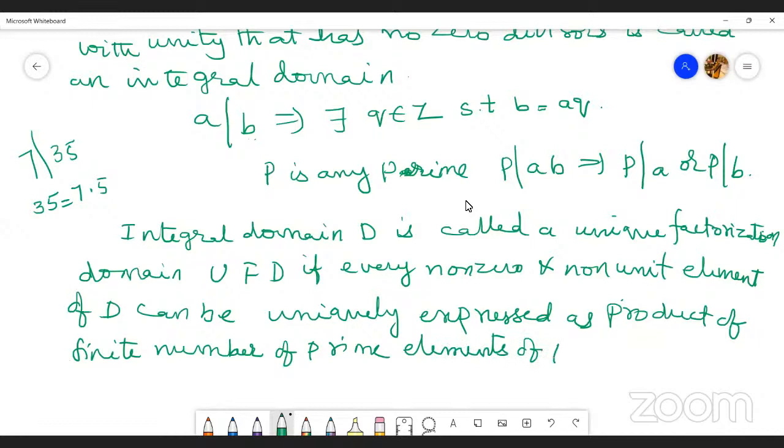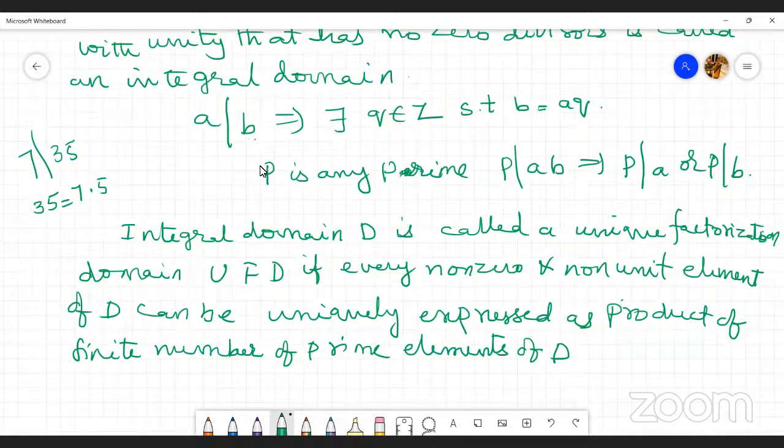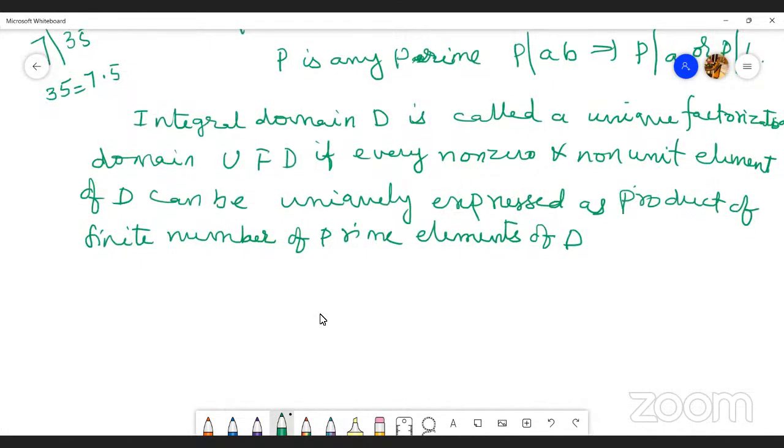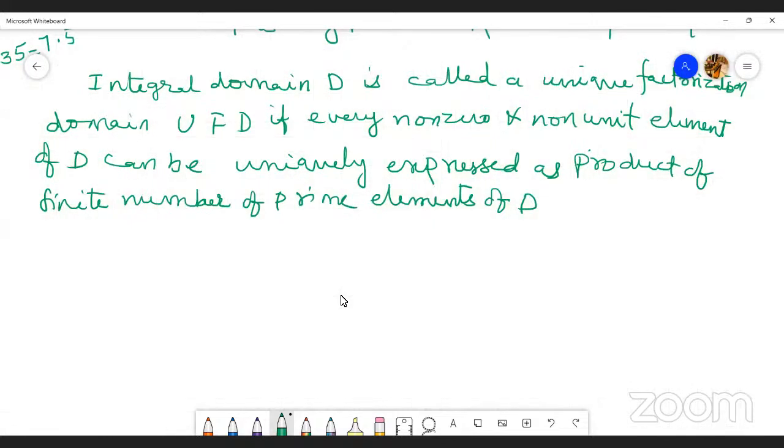What do you mean by a prime element? We say that an element P is prime if P divides AB implies either P divides A or P divides B. So an integral domain D is called a unique factorization domain if every non-zero and non-unit element of D can be uniquely written as a product of a finite number of prime elements of D. Now see here.